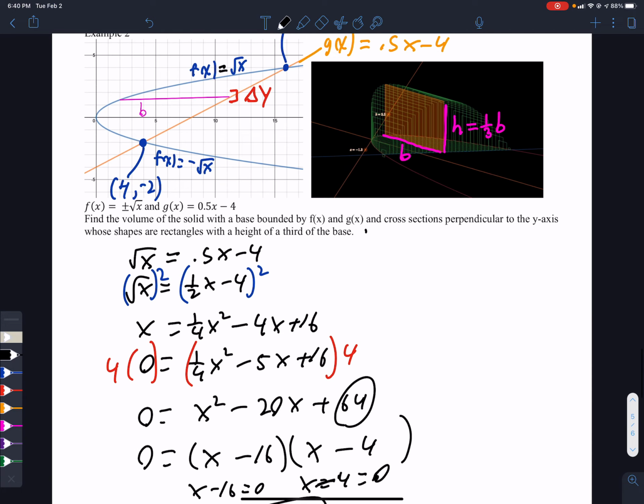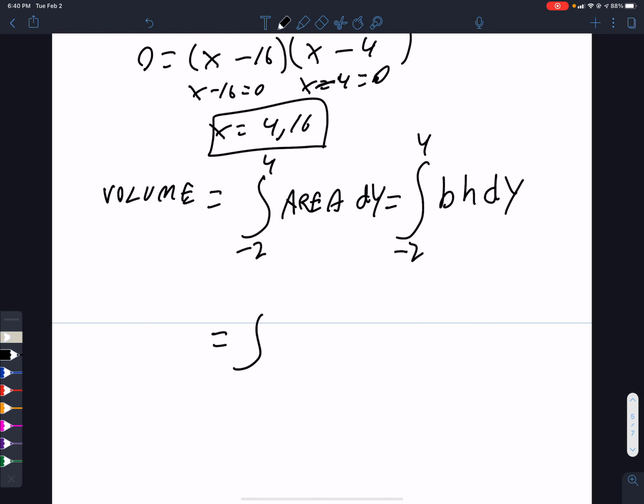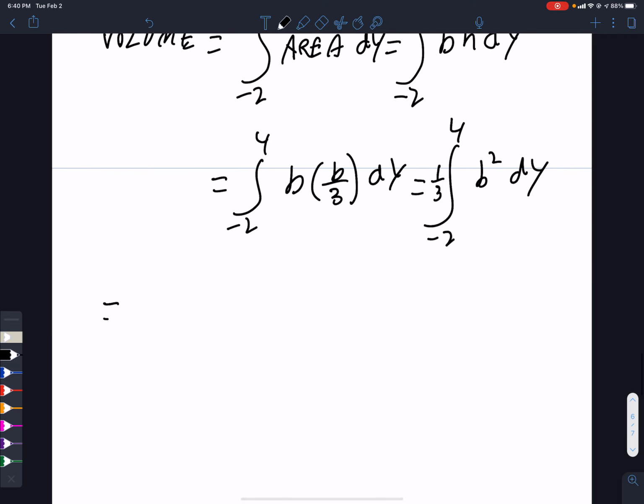But what's the height? The height is 1/3 of the base. So I can replace the height with the base over 3, so the 1/3 comes out in front. I got 1/3 b squared dy. I'm going to bring this home now.